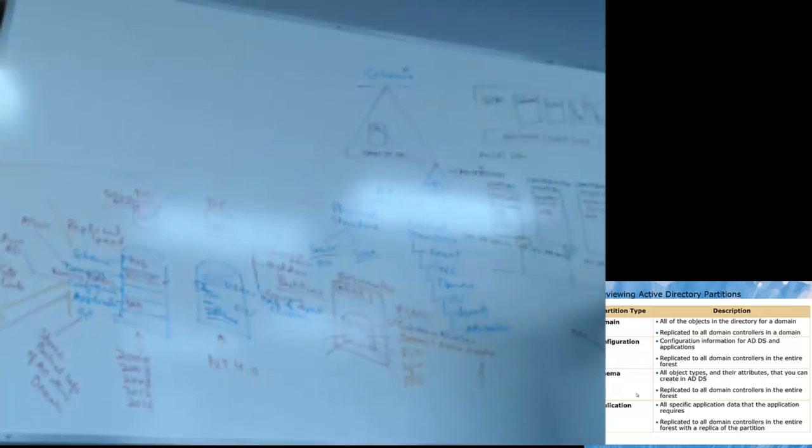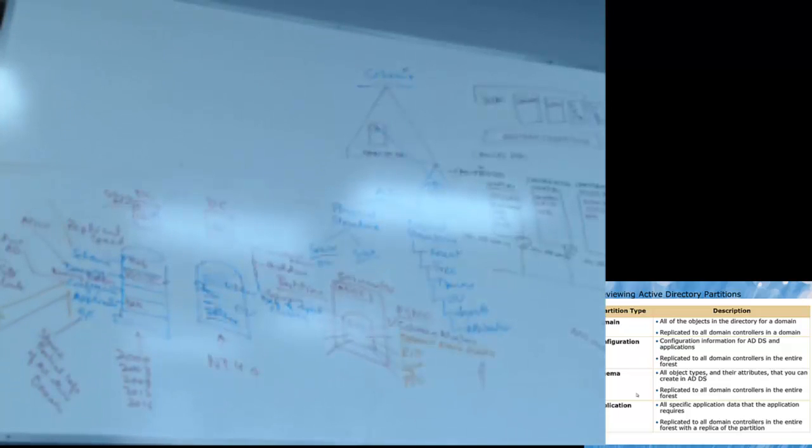Now, on this slide, it talks about domain. Domain has all the objects in the directory. This information is basically for those people who are new to Exchange and new to the Active Directory environment, just to give them the basics. So domain has all the objects.